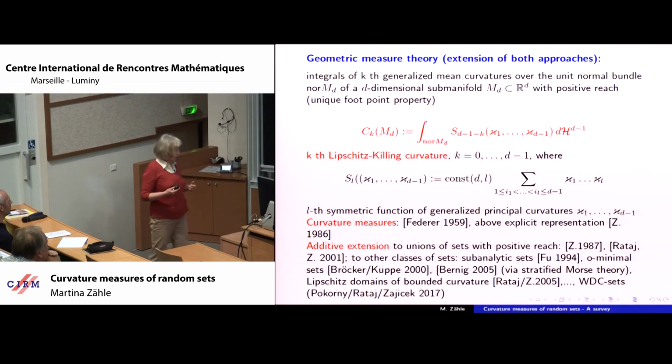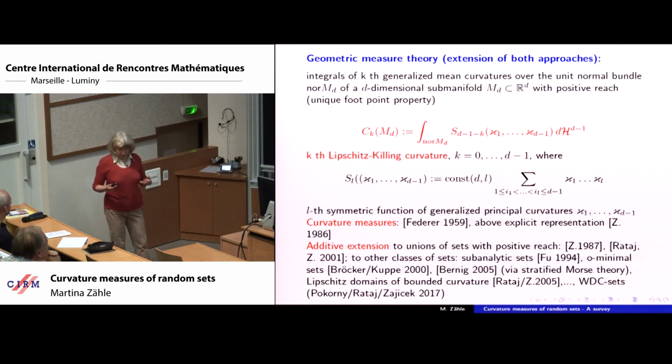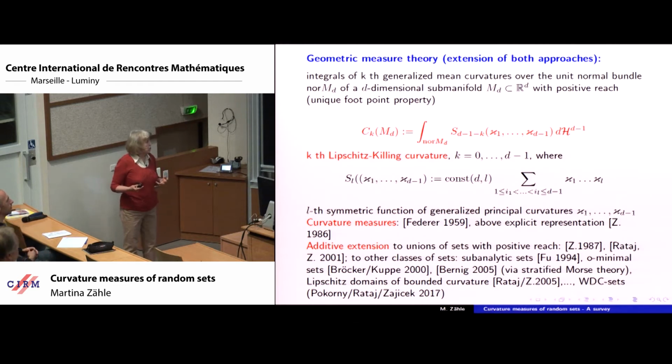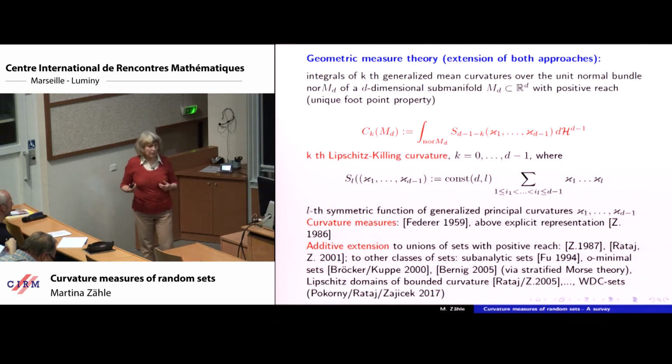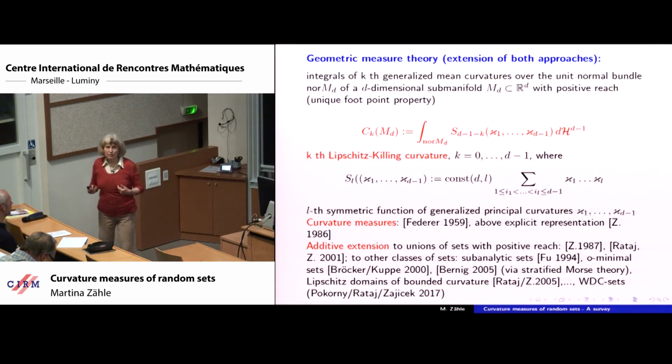These are always publications with different approaches, geometric measure theoretical approaches and algebraic approaches. For instance, Bröcker and Kuppe considered the algebraic method of Bernig, and Fu is studying kinematic formulas, for instance in the context of algebraic geometry, and so on. And I think the most general version now is the so-called VDC sets by Kolář, Rataj and Zajíček, and finite unions of VDC sets.